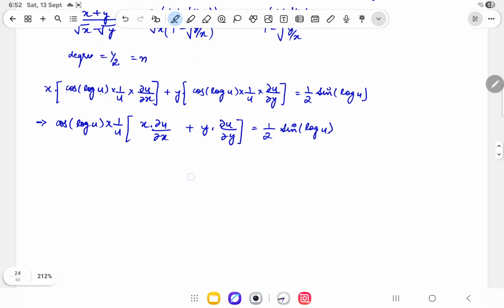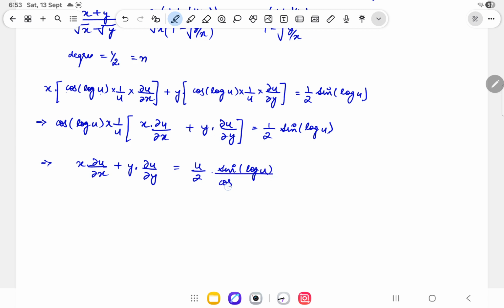Simplifying further, x into del u by del x plus y into del u by del y equals u by 2 into sine log u divided by cos log u.